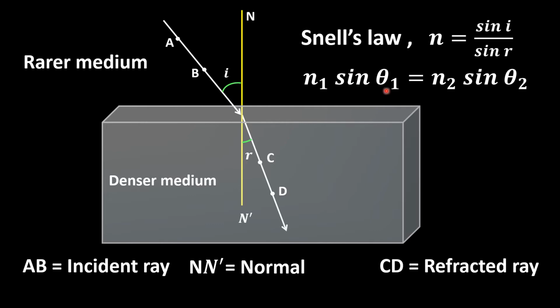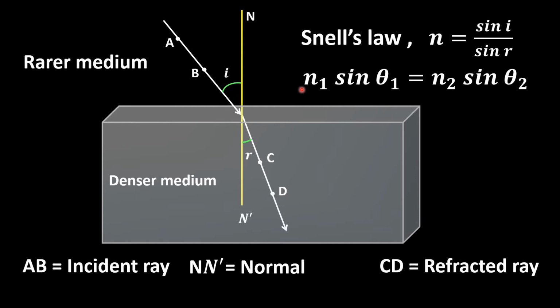But in this case, n2 is more, that is the refractive index of the second medium, say glass, is more. So when n2 is more, theta is less, then only n sin theta will become constant. So this is very simple.